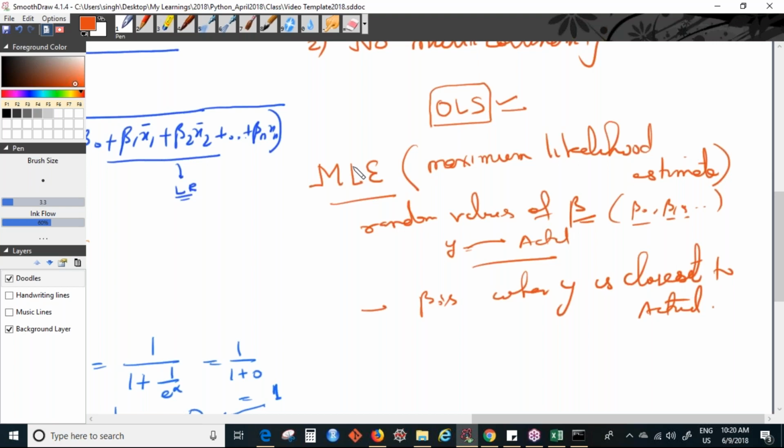So it is a very iterative process, and that is one of the reasons why it is very difficult to do logistic regression by hand. You cannot do a logistic regression by hand. You need a computer to do this because a lot of iterations are involved. Linear regression can be done by hand.